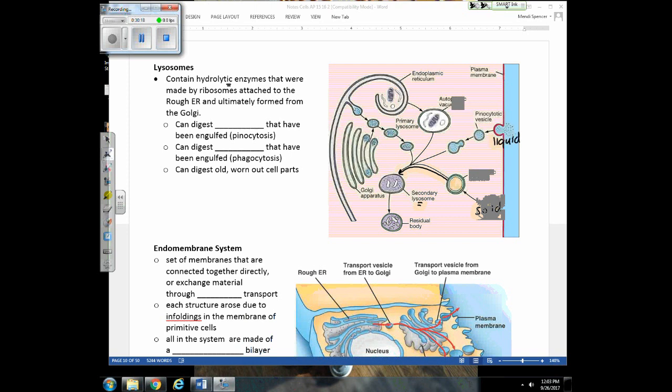So it's taking in a liquid with dissolved particles in it, and eventually that vacuole containing those molecules can merge with this lysosome, and the lysosome hydrolytic enzymes would break down those molecules. So lysosomes can digest liquids and solutes that have been engulfed, that's pinocytosis, and solids that have been engulfed through phagocytosis. We also know that lysosomes can digest old, worn-out cell parts. So when mitochondria are no longer functioning, they'll be digested by a lysosome.